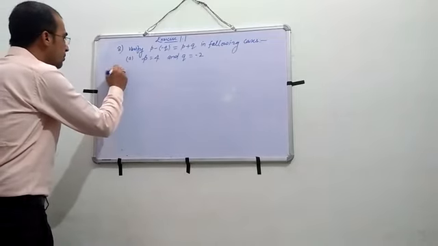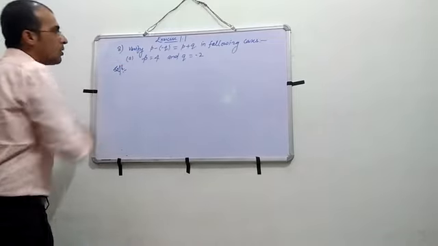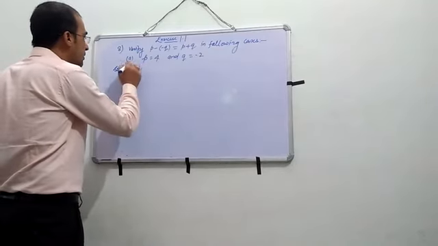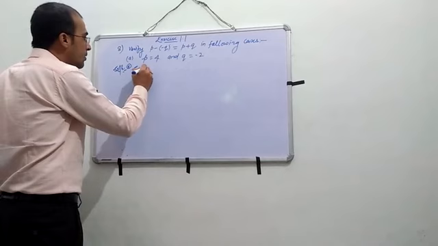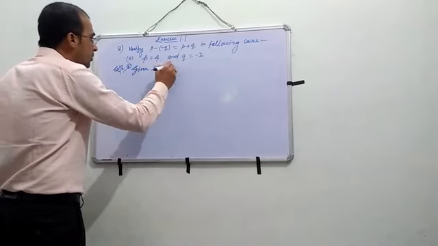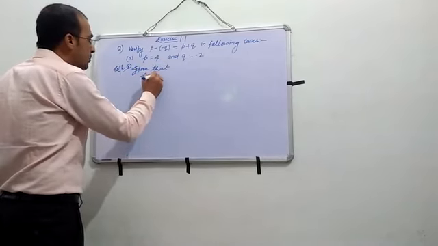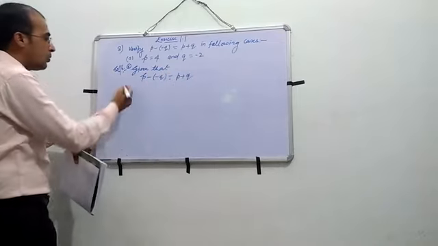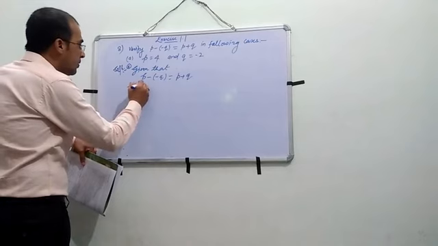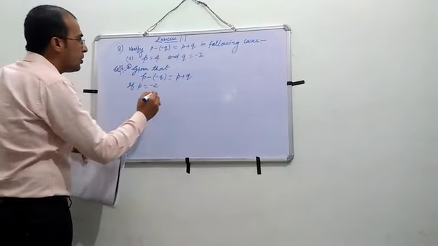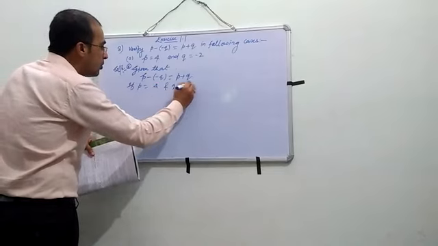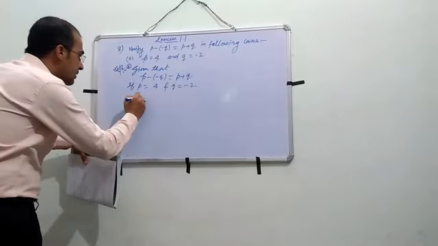So what will be the solution? Given the statement for part A: p minus (minus q) equal to p plus q, if p equal to 4 and q equal to minus 2. What is LHS here?